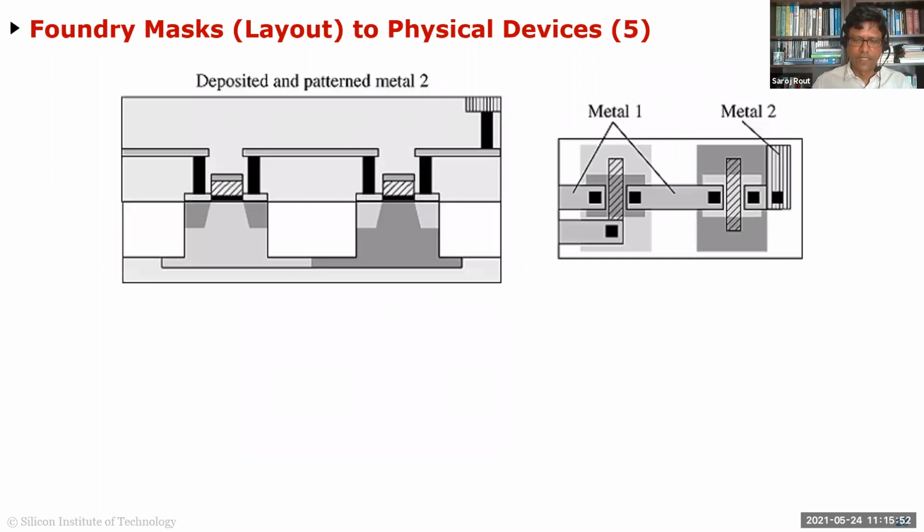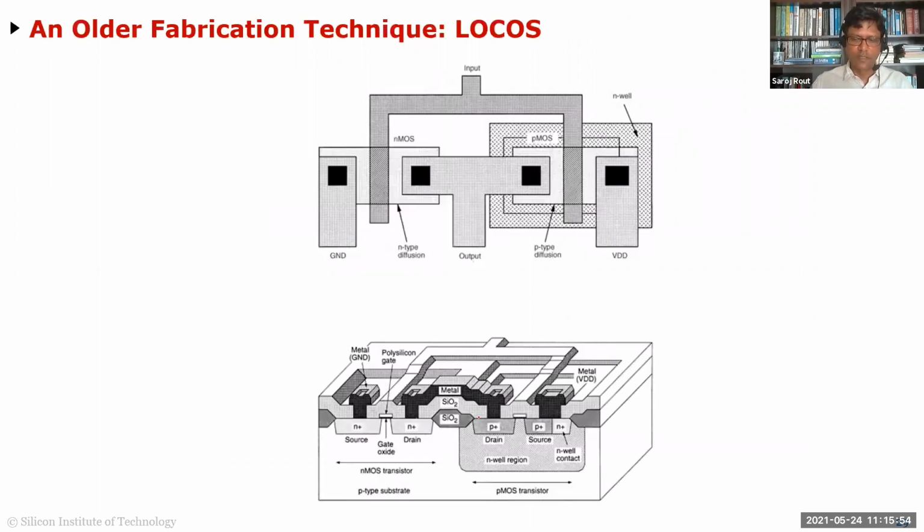And ultimately, when it is done, this is what you're going to get: you have your 2 transistors, you have your gates connected together, you have your drains and sources connected together using this metal layer, and you have your drains connected to VDD with another metal layer, and so on. And this is what I showed you here.